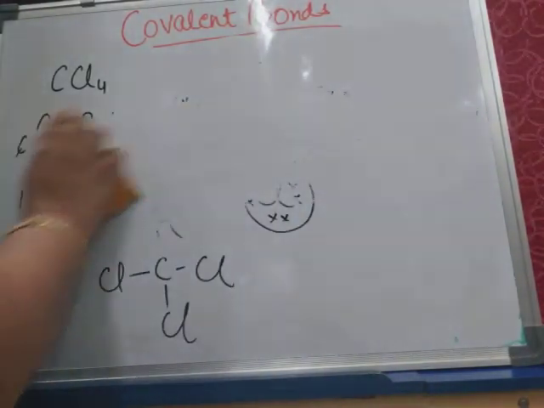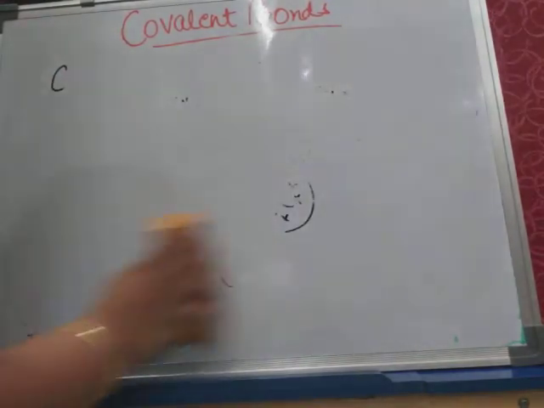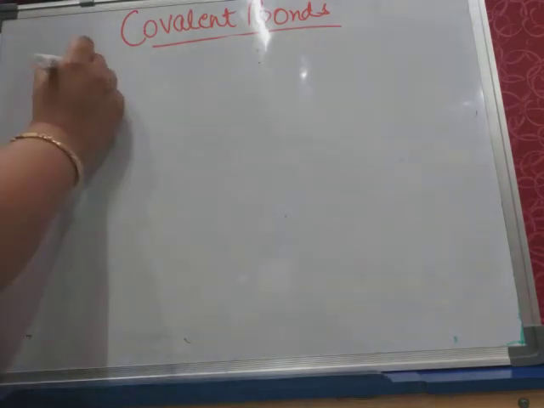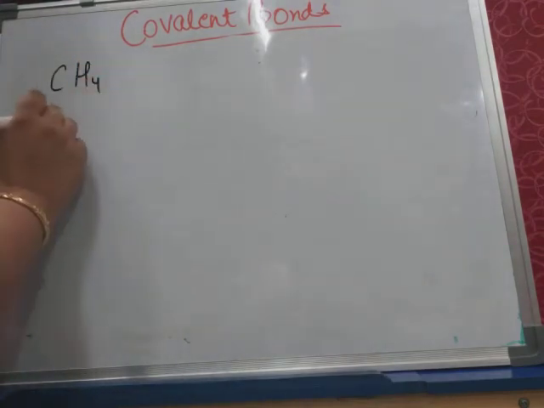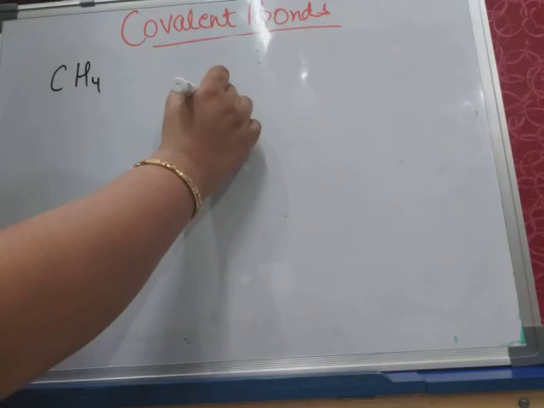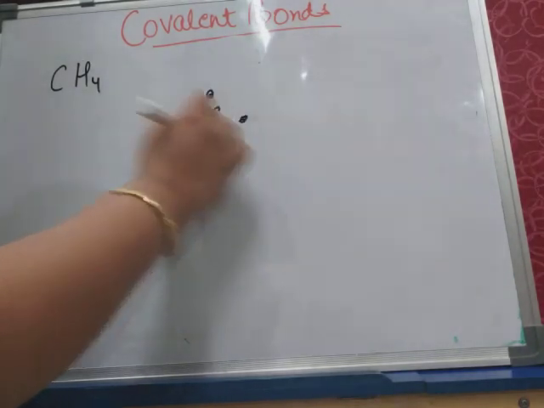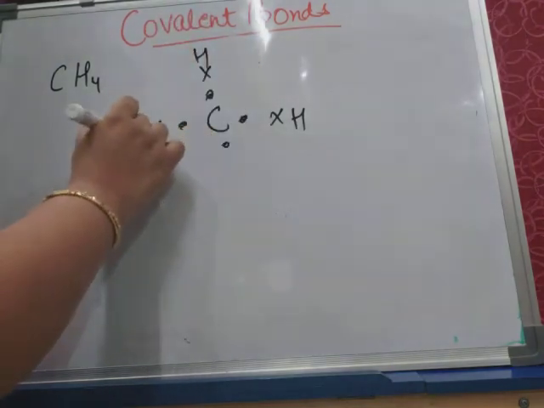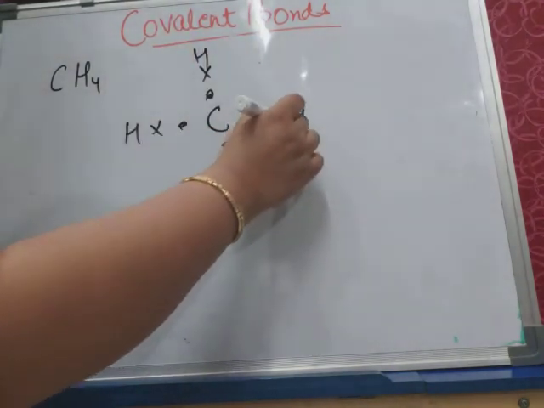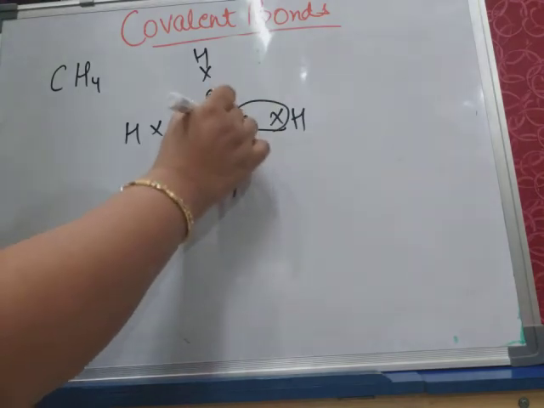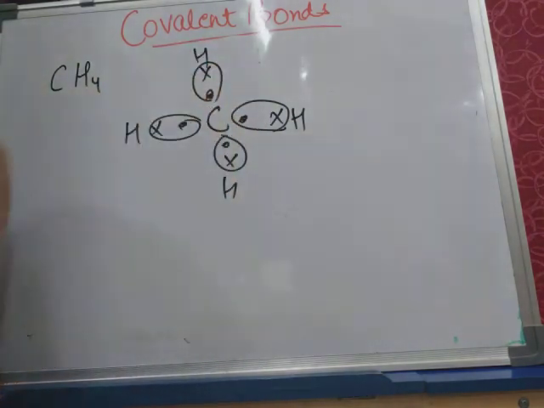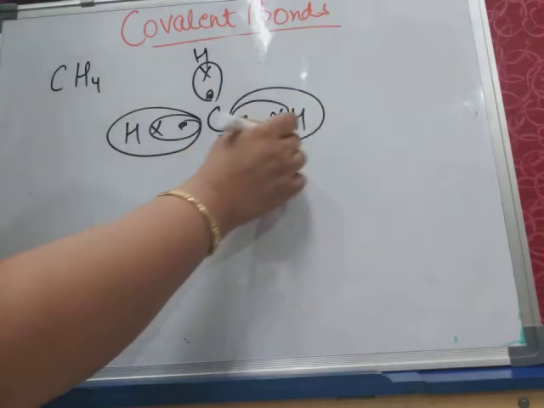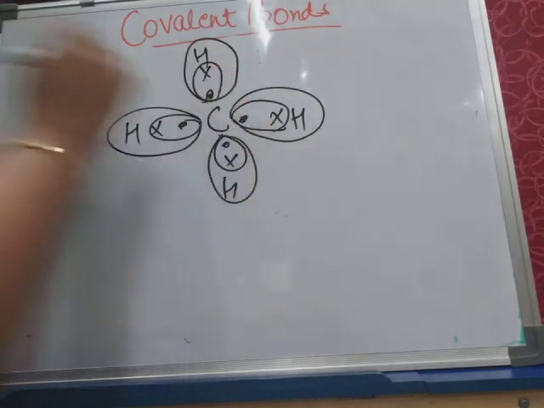Now the last one which we'll study today is CH4. It is methane. Carbon again will have 1, 2, 3 and 4 valence electrons, and 4 hydrogen atoms will be there. The 4 hydrogen atoms will share their electrons. Duplet complete, duplet complete, duplet complete, duplet complete.